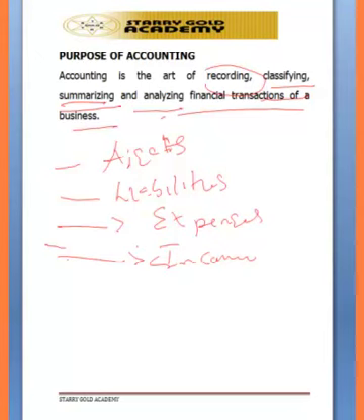So it is from these ledgers that a financial statement originates from. So we start from recording, we classify, we summarize, we analyze this financial information, post them to the ledger, and from ledger a financial statement can be prepared. Let's move in properly to bookkeeping and accounting.